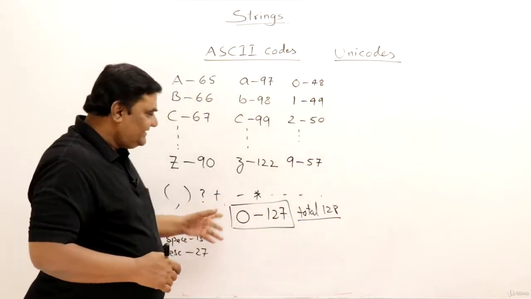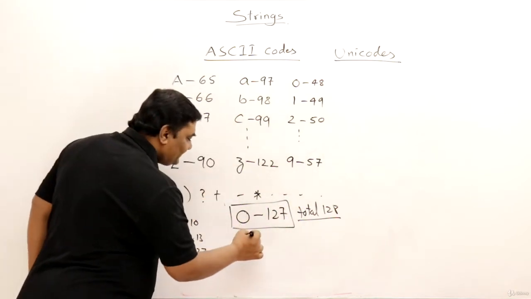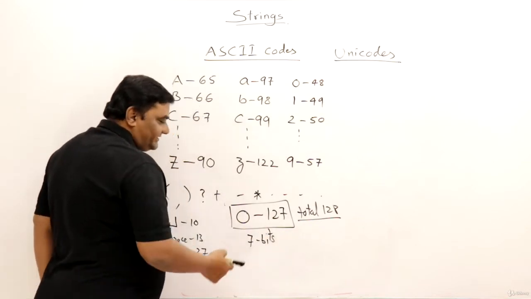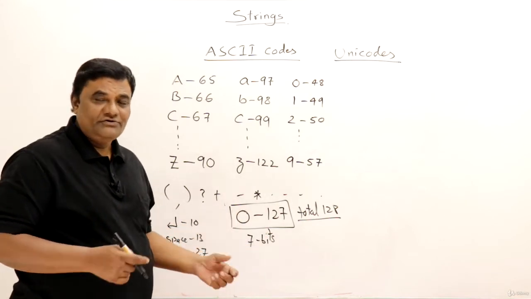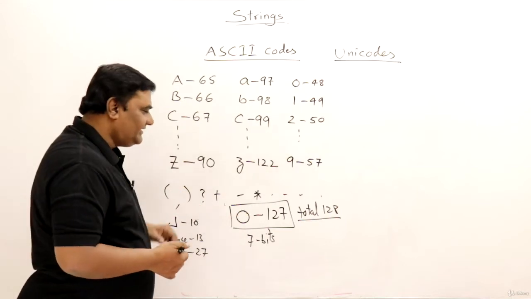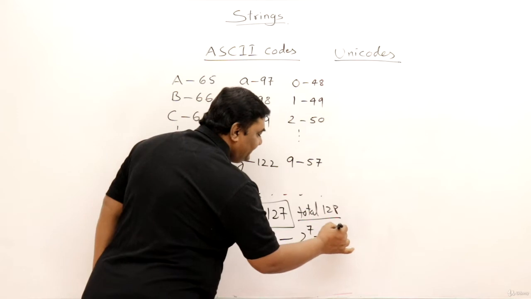To represent these ASCII codes, to represent any one symbol, 7 bits are sufficient. 7 bits are sufficient. That is binary bits. I guess you know how binary numbers are stored. So you need binary digits or binary bits. So 7 digits are enough. Like 2 power 7 is 128.